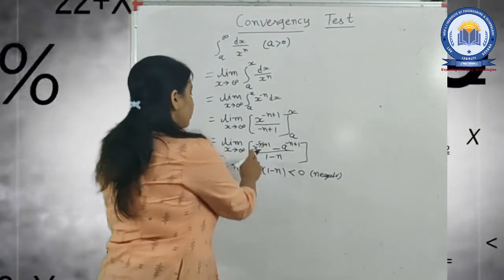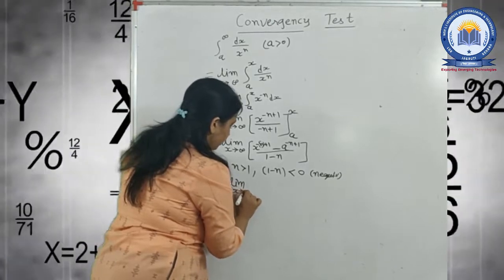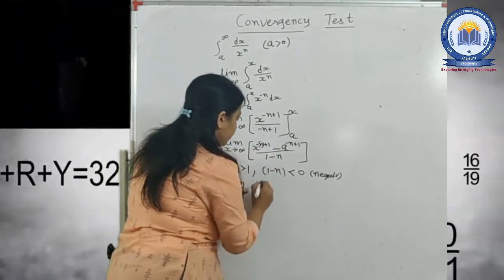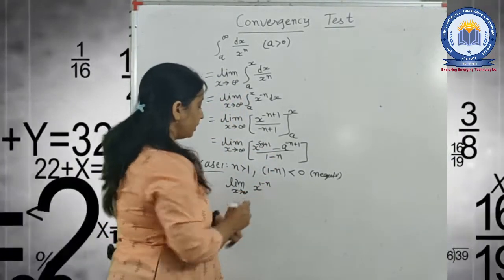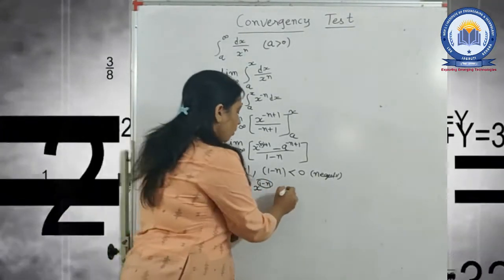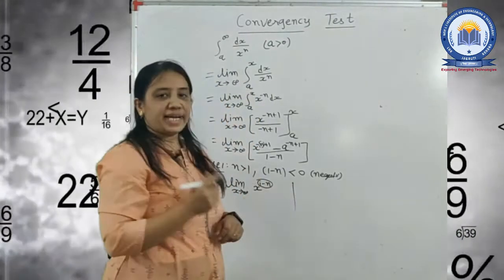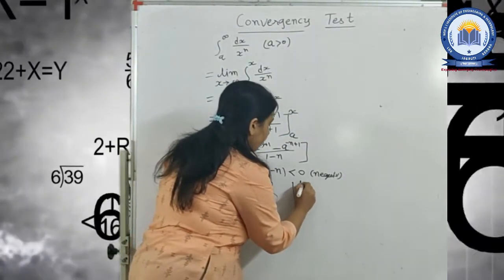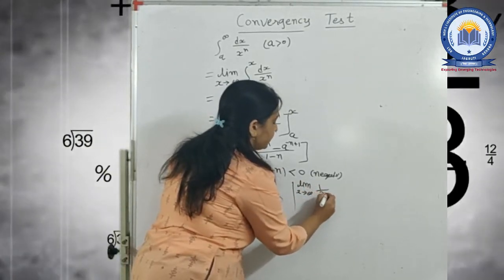Now what about this? We'll write limit x tends to infinity, x raised to 1 minus n. Now this 1 minus n is negative. So for example, assume it is minus 1, minus 2, like that. So it can be written as 1 upon x raised to some power.